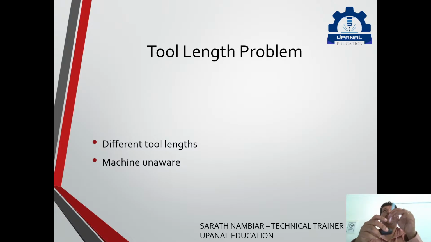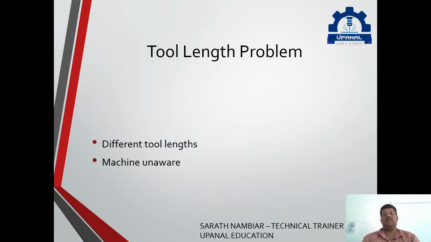So we have to tell the machine where the base of the tip of the tool is, we mention it as a 0. So we have to always mention where is this tool. So for example, tool 1's 0 is at this height, tool 2 0 will be at this height, tool 3 0 will be at this height. So why? Only then the machine will understand, machine will run it properly. It has to understand the tool length. Okay.